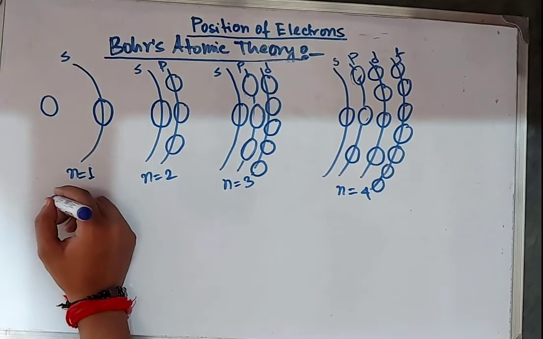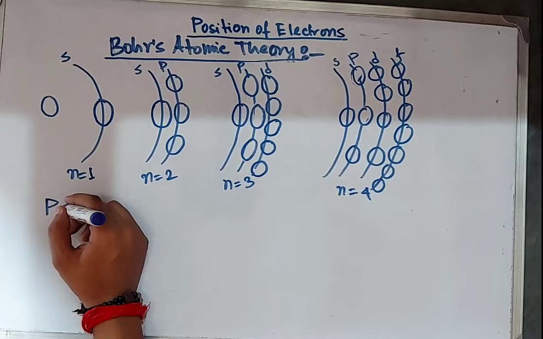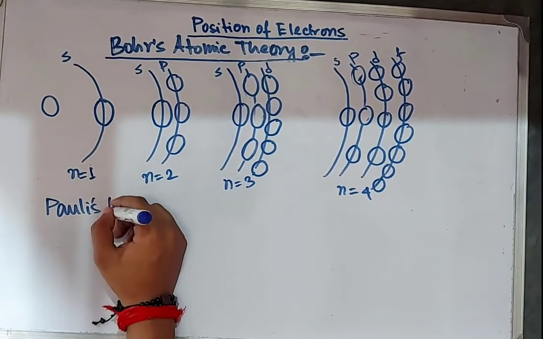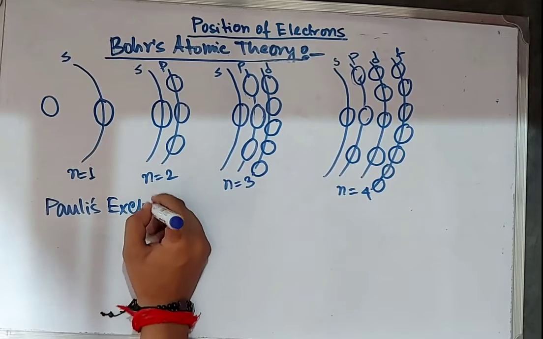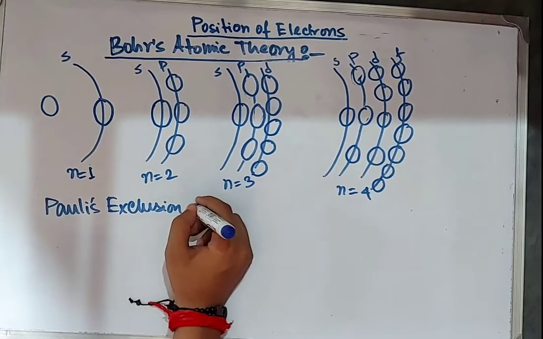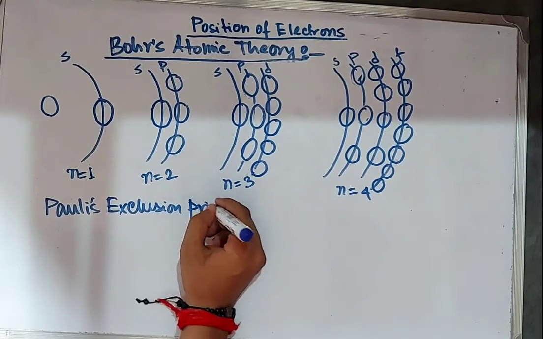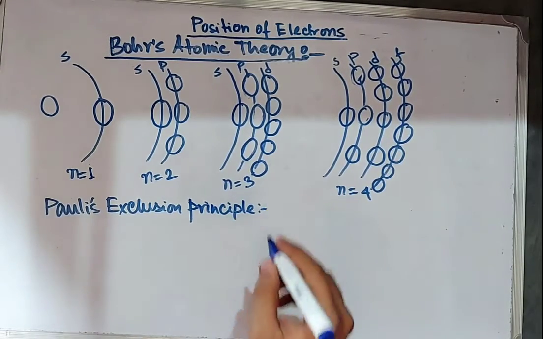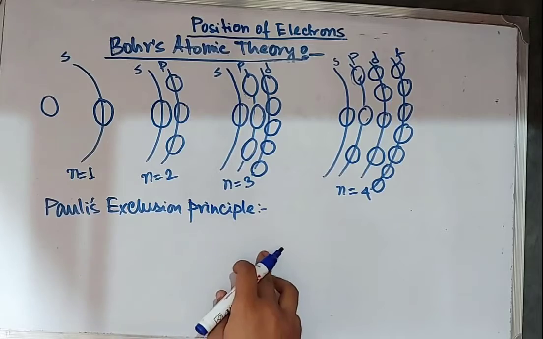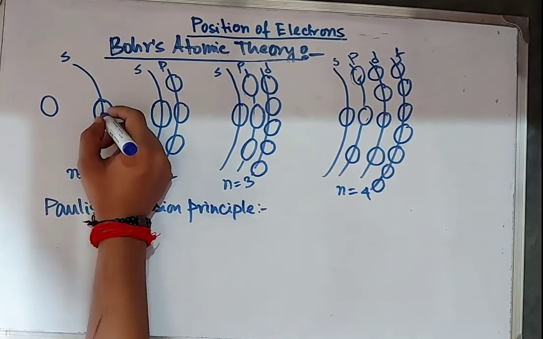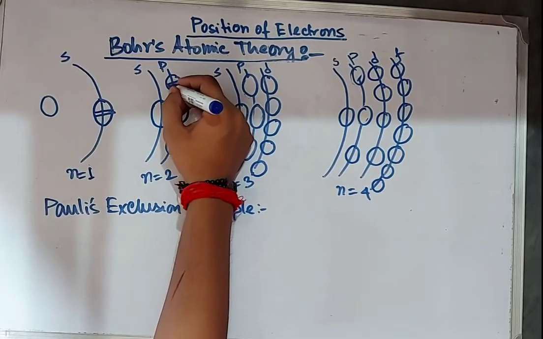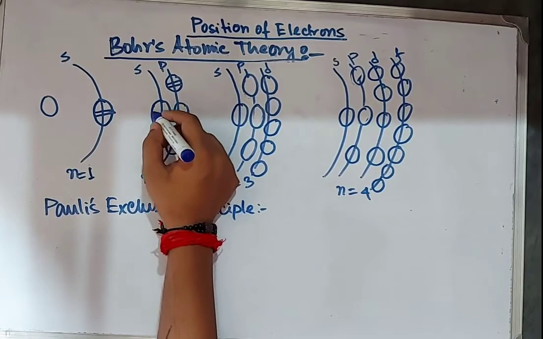So now comes Pauli's exclusion principle. Before that, I would like to mention one thing: each of these orbitals will have 2 electrons, which is part of this Bohr atomic theory.